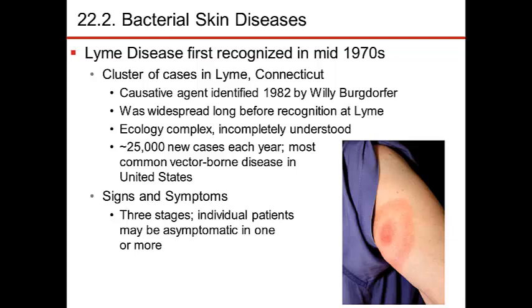In 1982, a previously unrecognized spirochete, now called Borrelia burgdorferi, was recovered from Ixodes scapularis ticks, and then from patients with Lyme disease. The entity is now called Lyme disease or Lyme borreliosis.